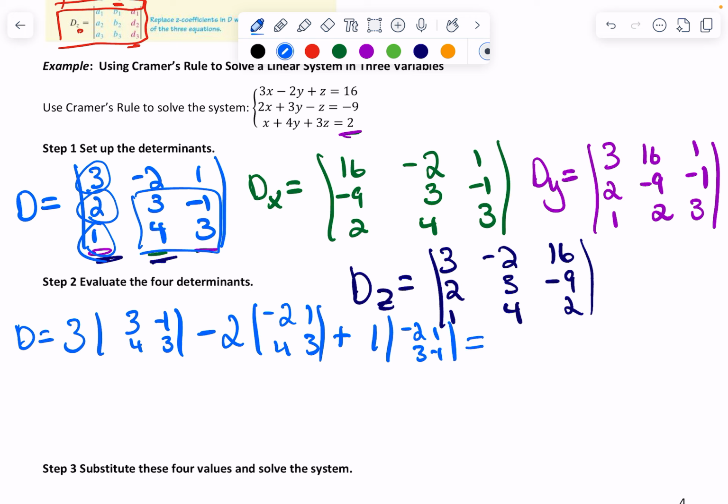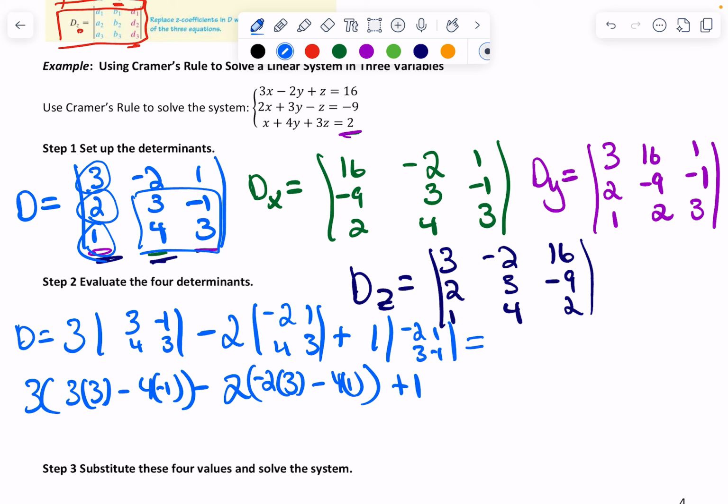Okay, now 3 times (3 minus 4 times negative 1), minus 2 times (negative 2 times 3 minus 4 times 1), plus 1 times (negative 2 times negative 1 minus 3 times 1).